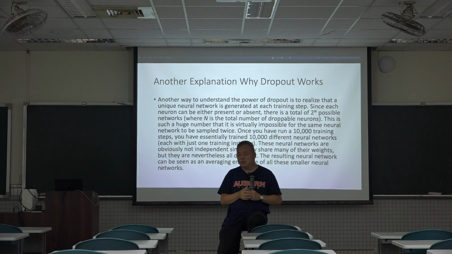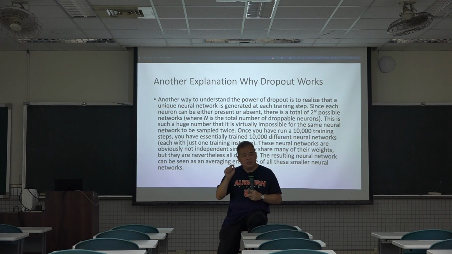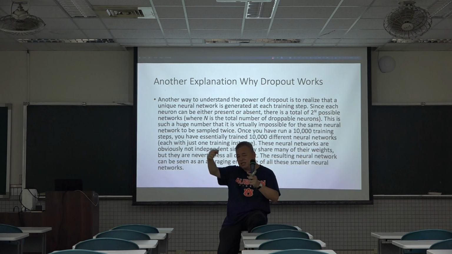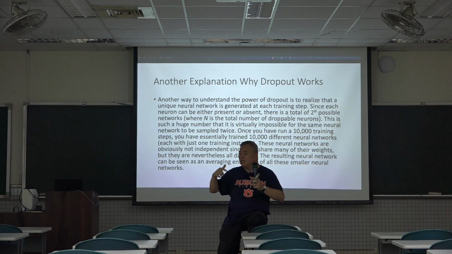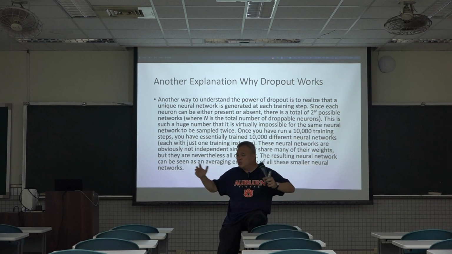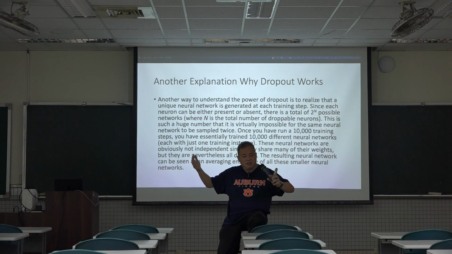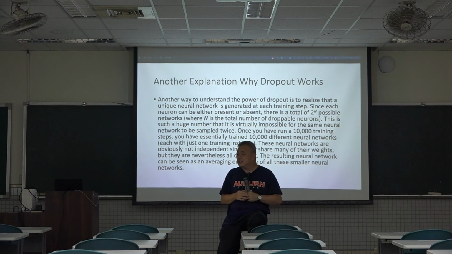So what is the result? The result is a kind of combination of those 1,000 different neural networks. In the machine learning area, this concept of combining a lot of different models together for inference is called ensemble.